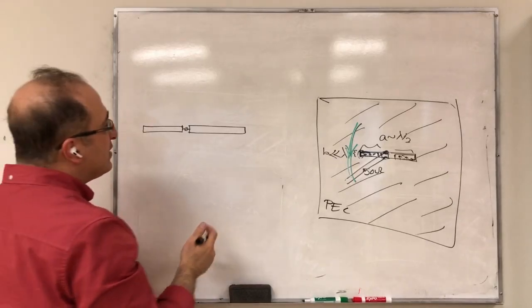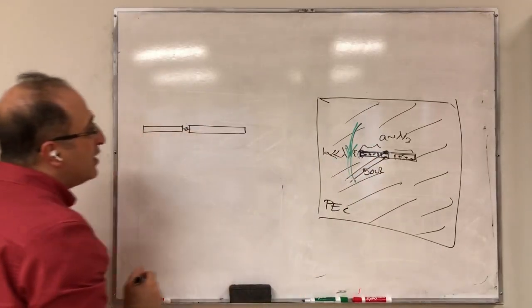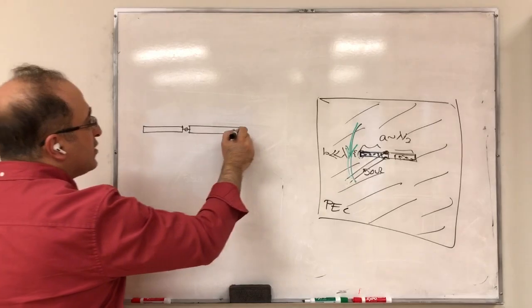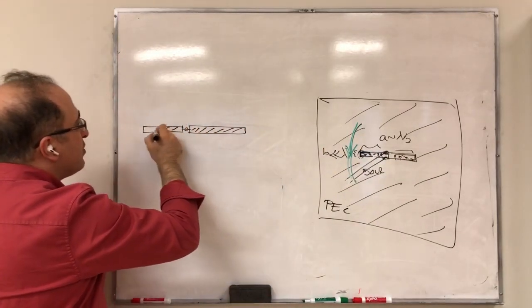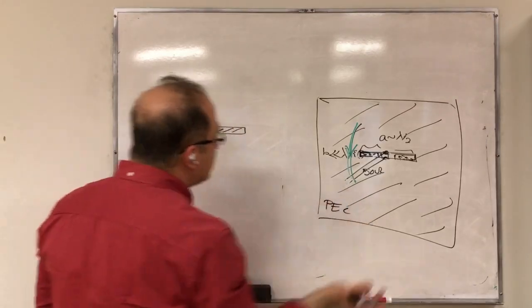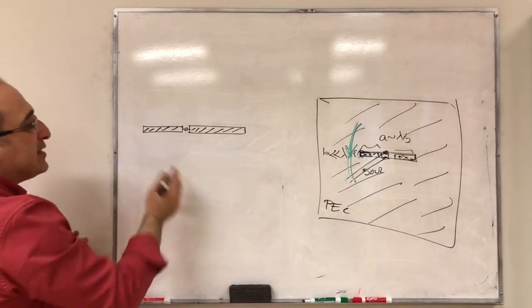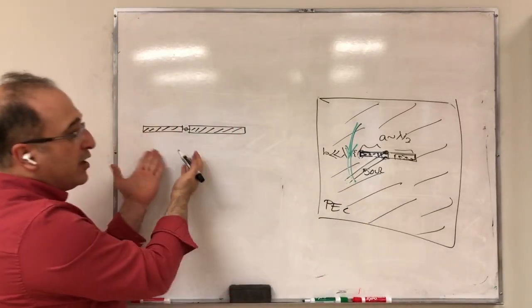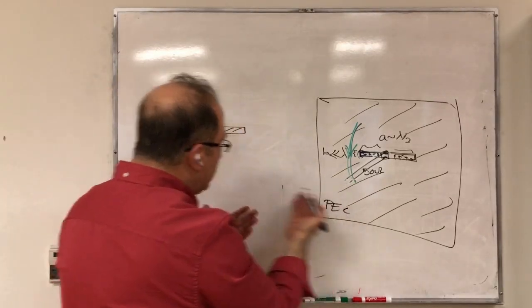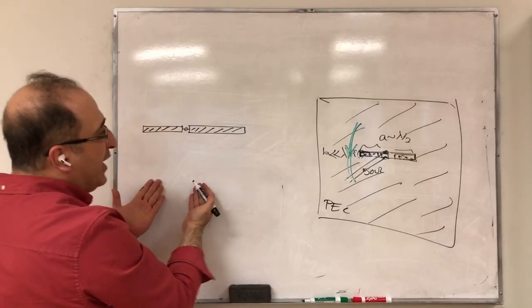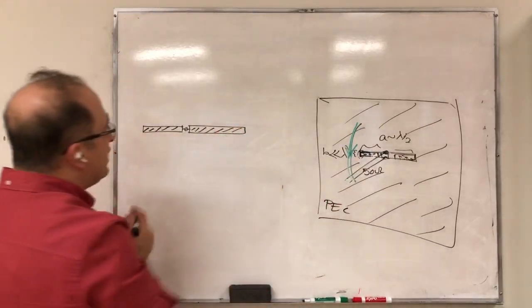It could be off-centered, but right now I'm assuming centered in this case. So I'm changing this to a PEC strip, and then I'm removing PEC and changing it with air. So this structure will be called complementary to this structure because you're changing PEC here to air, and air here to PEC.